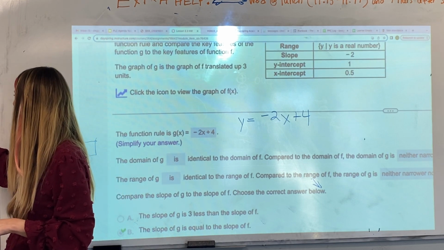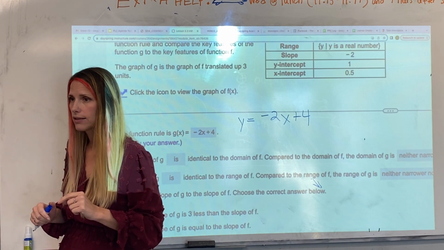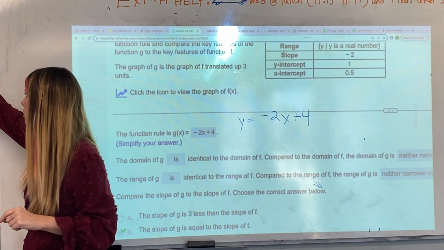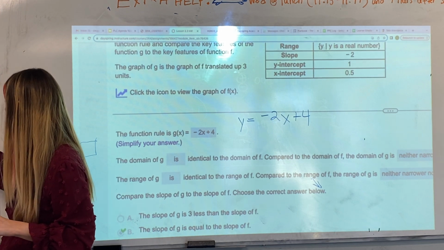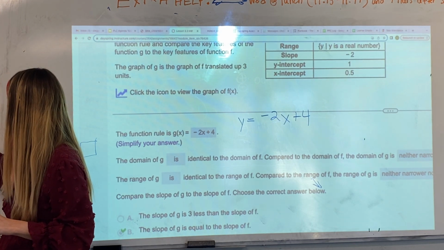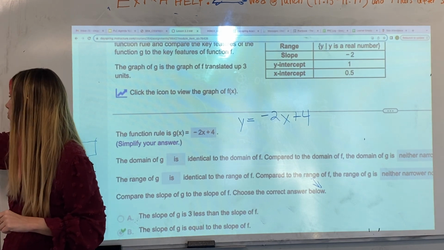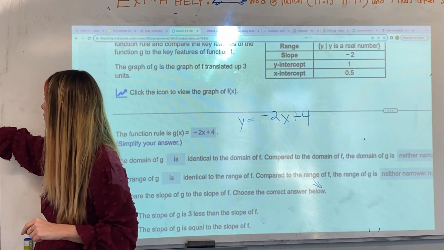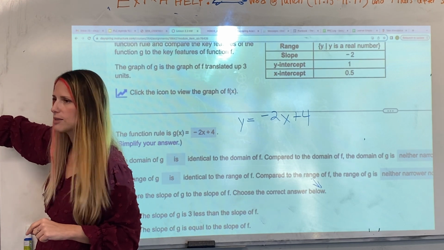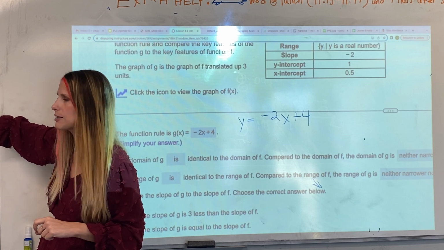Anywhere it cuts through the x-axis, what is the value of y? Look at all the values of y. What's the y value at this point?